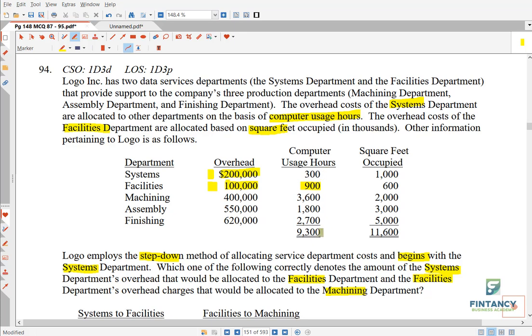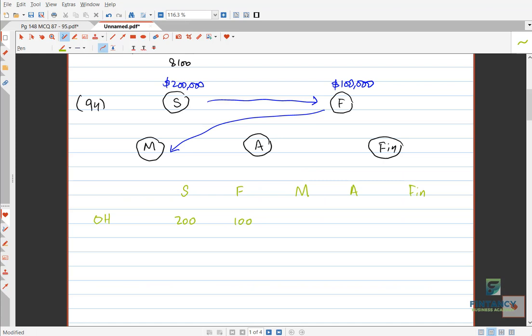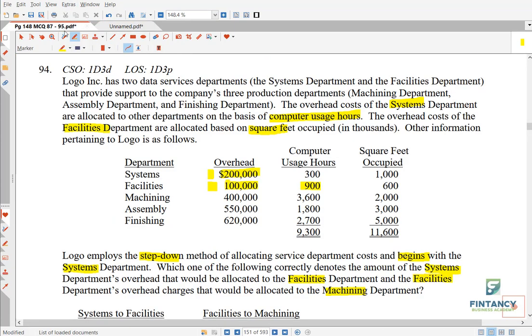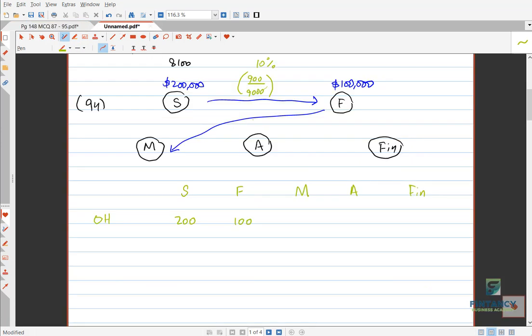So remaining how much? 9,000. So you will say we are giving 900 hours to the facilities out of the total 9,000 hours. So this will be 10%, right? It means you can say 10% service we are giving to this department, facilities. So very simple. You got one answer already.